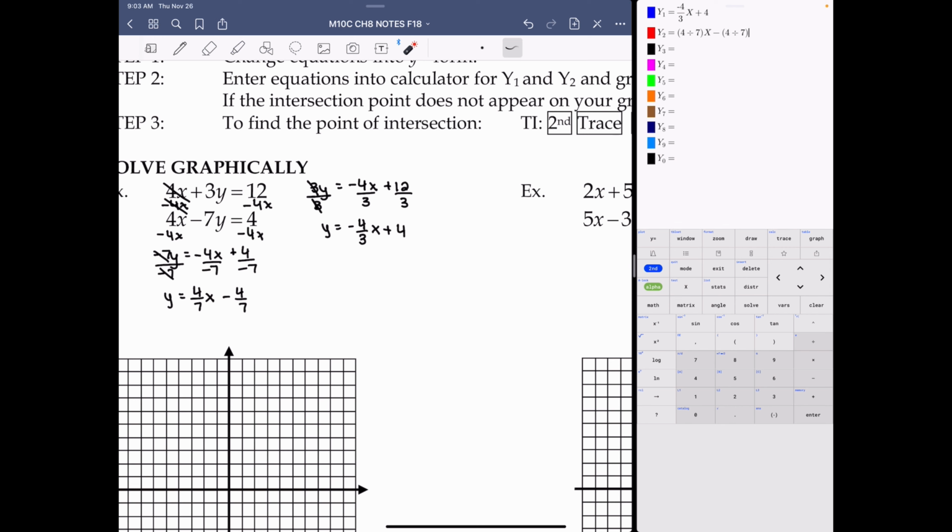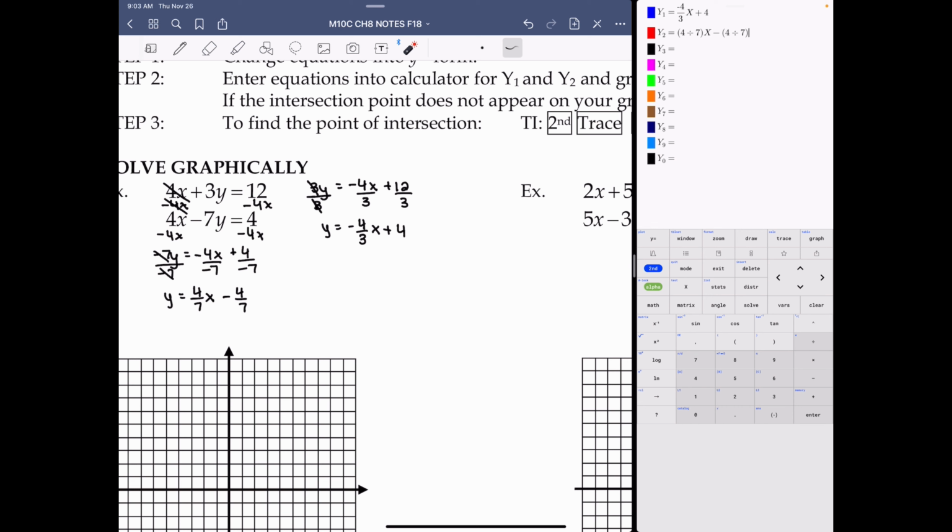If you can't enter fractions on your calculator, that is how you would enter the second equation. If you can enter fractions, you would write it the way it looks over here, 4/7x minus 4/7. Just remember, when you put that x, you move out of the fraction and put it beside the fraction. Otherwise, it ends up on the bottom, which is bad.